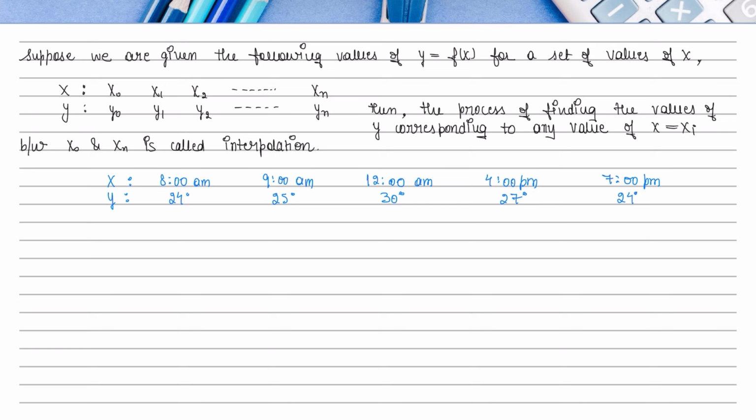And if we want to know what was the temperature at 2 pm, it is called interpolation.